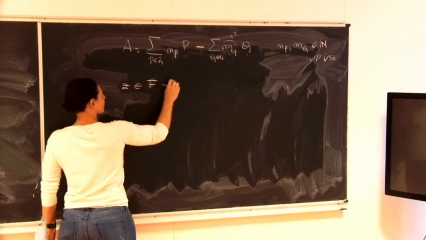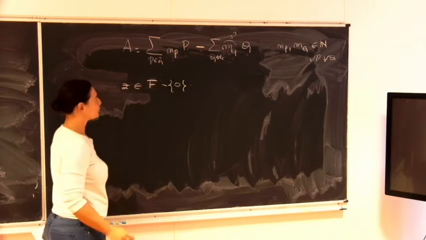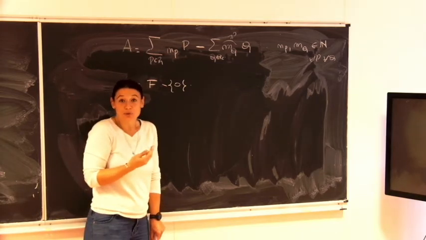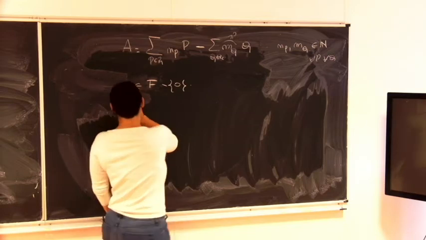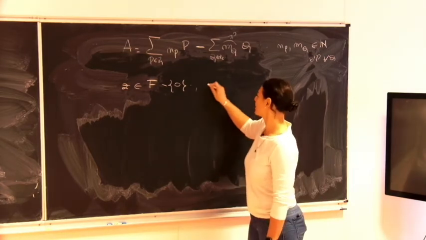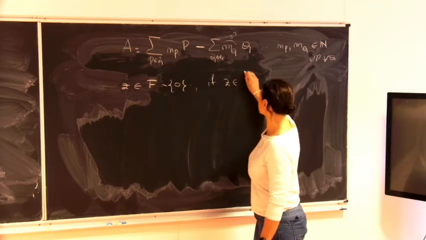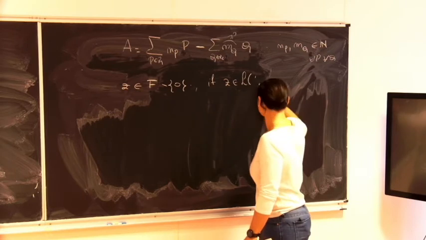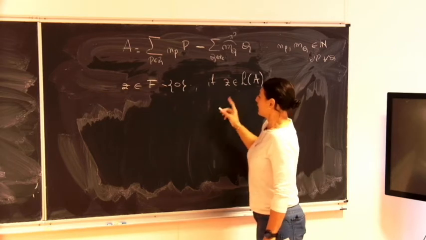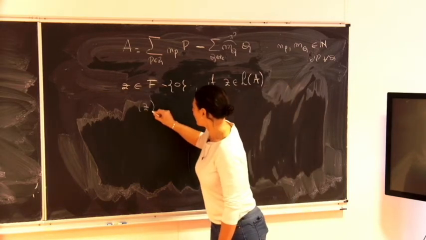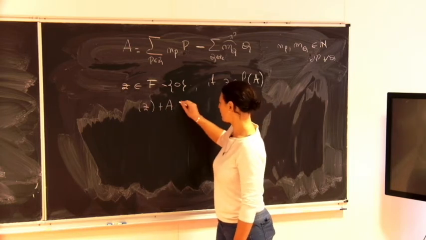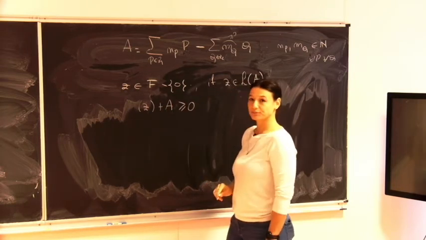If I have a non-zero element of the function field, and I want to see what are the characteristics of this element to be inside the Riemann-Roch space. If Z belongs to the Riemann-Roch space of A, what does that mean? That the principal divisor of Z plus the divisor A is an effective divisor.